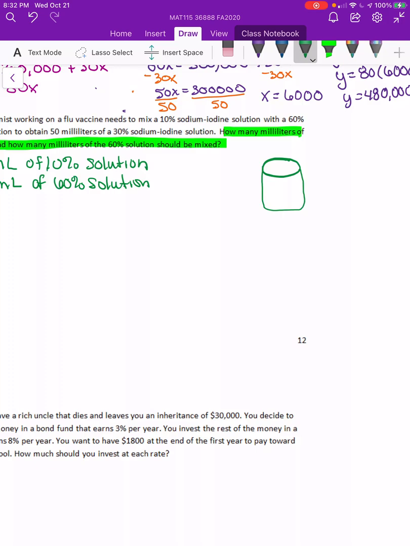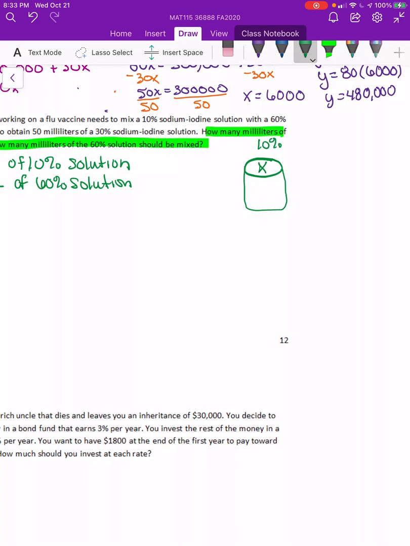And this is the 10% solution. We don't know how much of the 10% solution, so I'm just going to write the variable X here. That X stands for the total amount of liquid that's in that 10% solution. So the total amount of liquid is going to be X milliliters, because that's how much we're going to pour out.